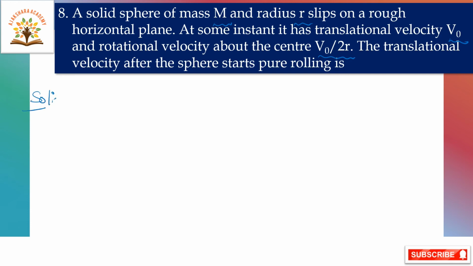Initially, consider v0 and omega to be the linear and angular velocities about the center of the sphere.